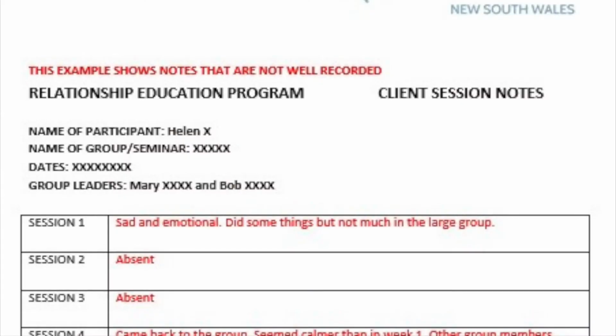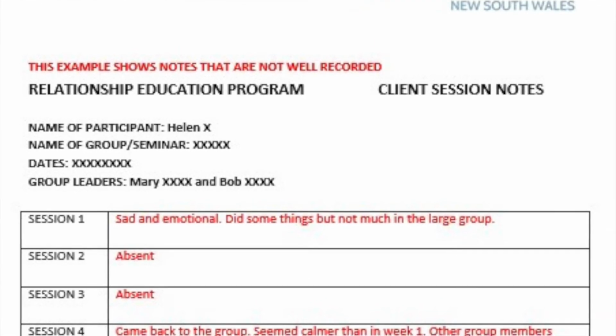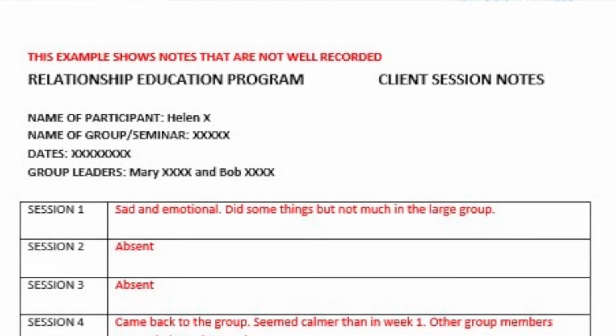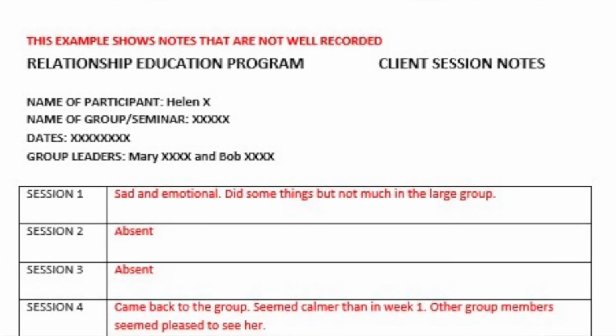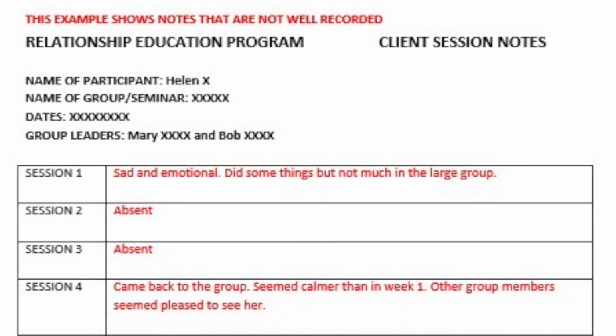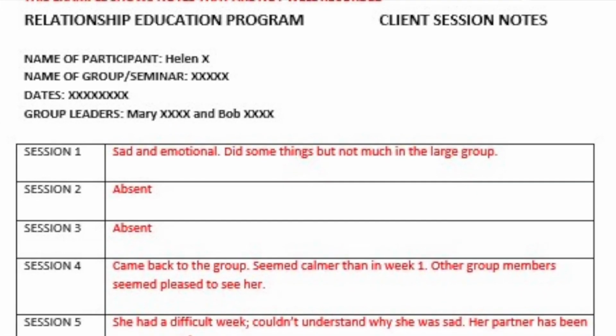Looking at a poor example of client session notes, it tends to be that they make judgments. That she had a difficult week, but it did not say what that difficulty was. Or the group leaders just say that Helen is insightful, but there's no detail about what insightful means.